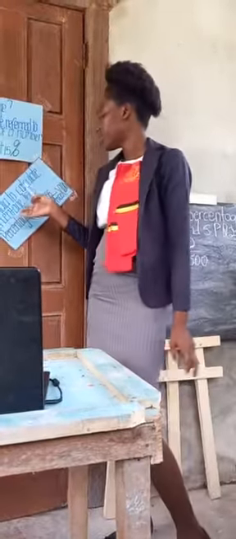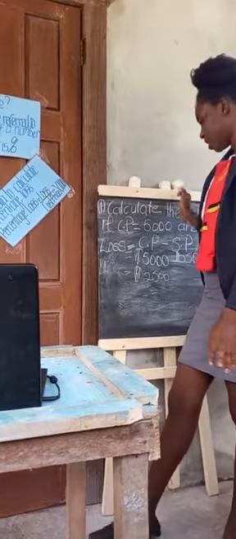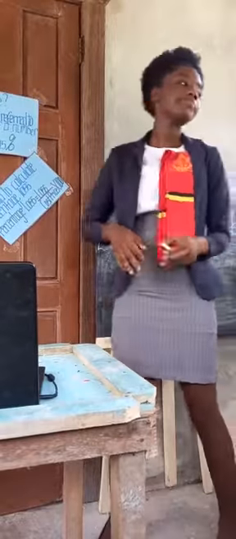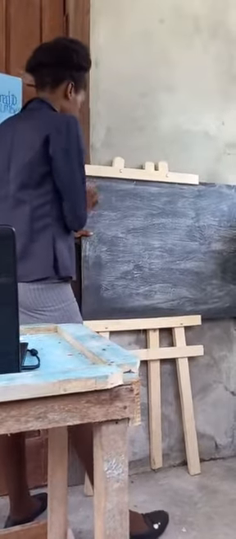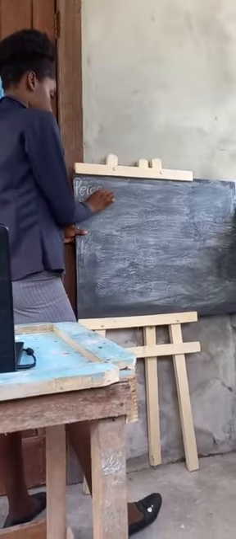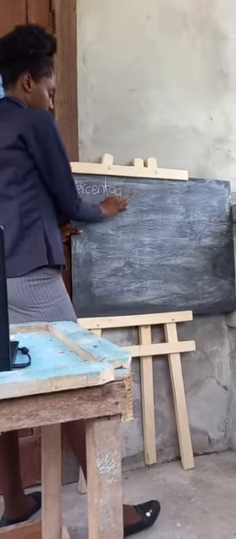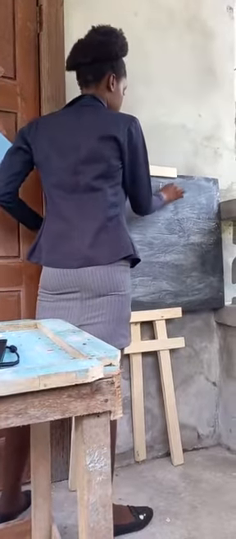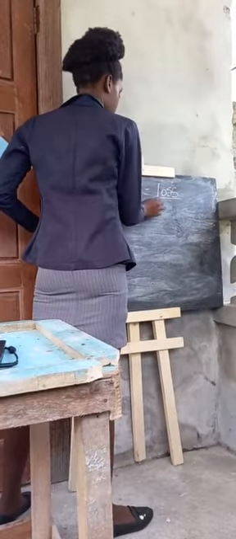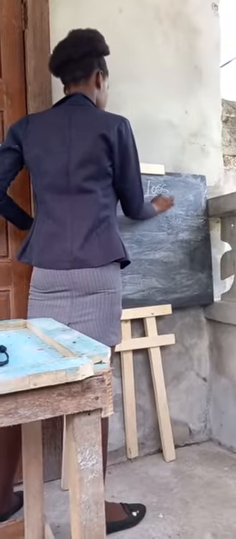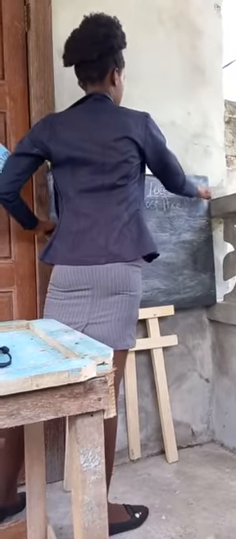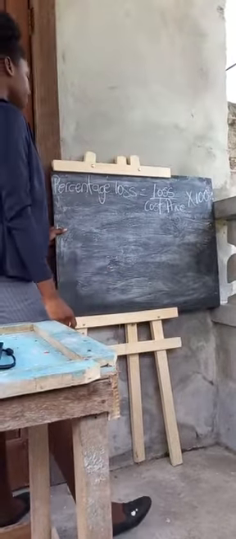So now we're going to use our formula to find the actual percentage that was lost, right? So our formula for percentage loss is equal to loss over cost price times 100.